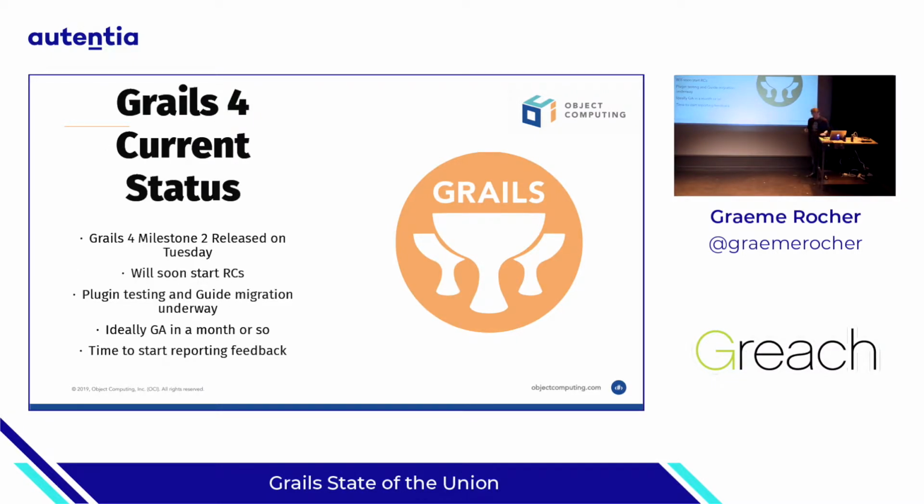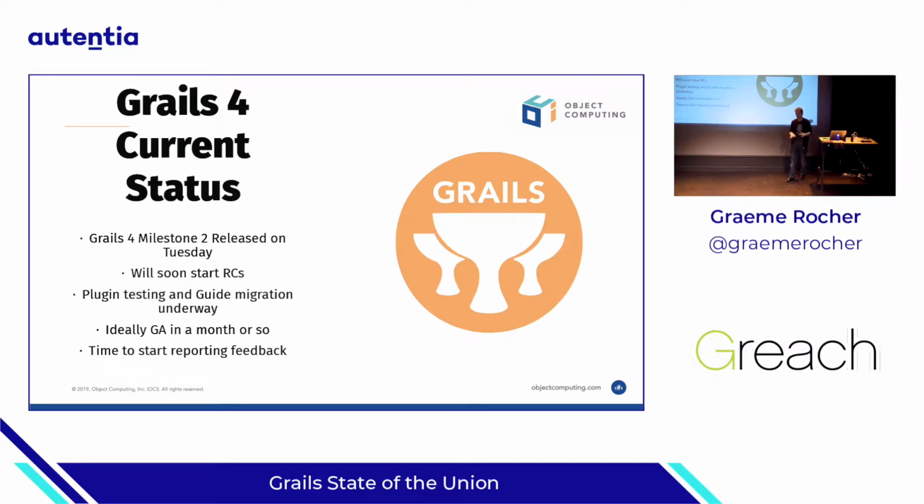So the current status of Grails 4 is that we released a milestone 2 on Tuesday. We're still gathering feedback and issue reports from the community. One of the big things about Grails is the massive amount of plugins that we've always historically had. The community is testing those plugins and providing us feedback, and we're fixing things and iterating. Most major plugins appear to be already operational.